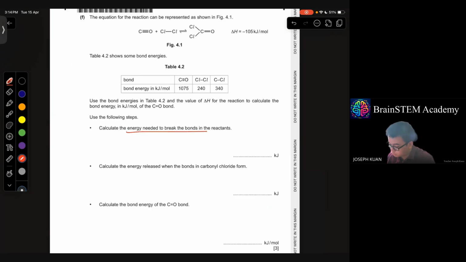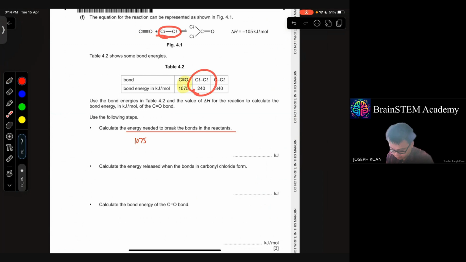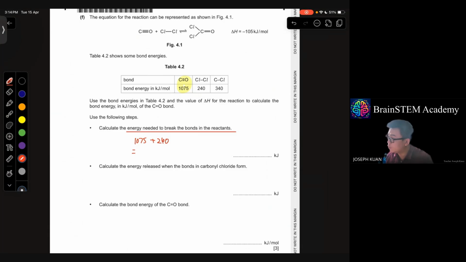There are two bonds to be broken here. Number one is this C triple bond O. It costs 1075 to break this bond. And then there's another Cl-Cl bond that we need to break, which costs 240 kilojoules. So altogether, that will be 1315 kilojoules.